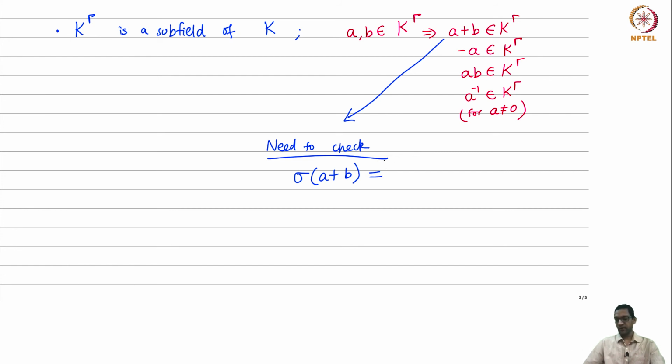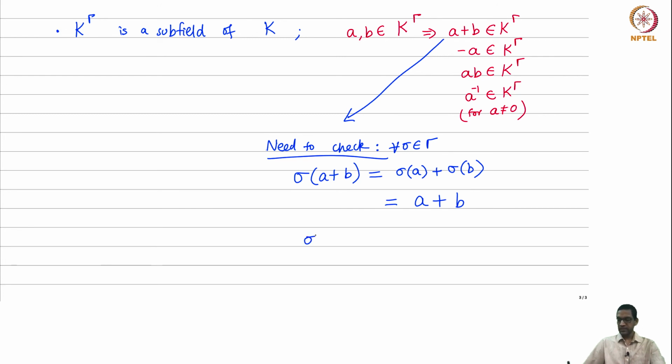Sigma is an element of Gamma, so for every sigma in Gamma, I need to check that sigma of a plus b equals a plus b. But sigma of a plus b is just sigma a plus sigma b, because sigma is an automorphism of the field, and both a and b come from K^Gamma, therefore they are fixed by sigma. Okay, so that shows that a plus b is also fixed by sigma.